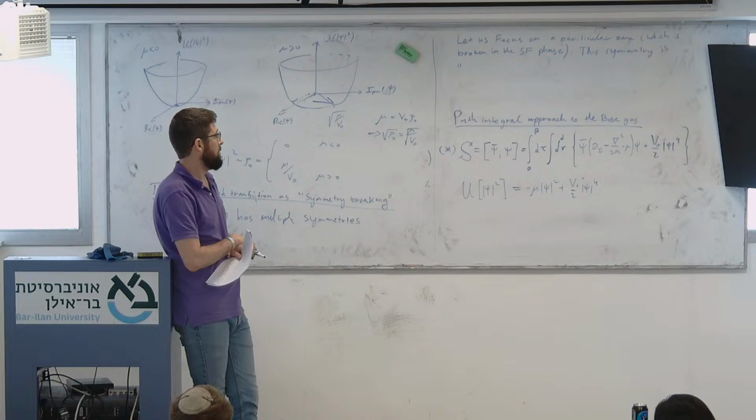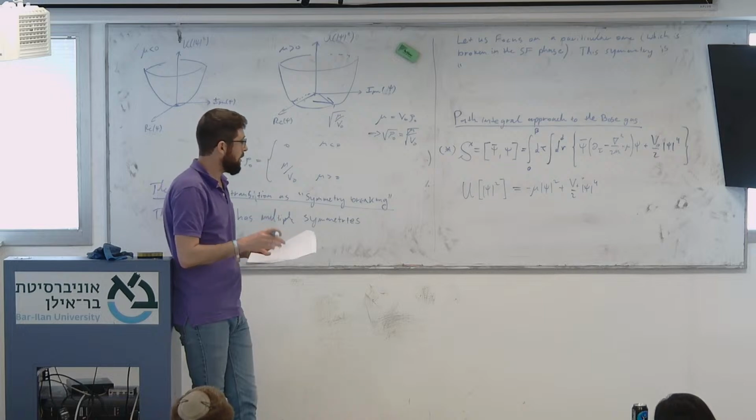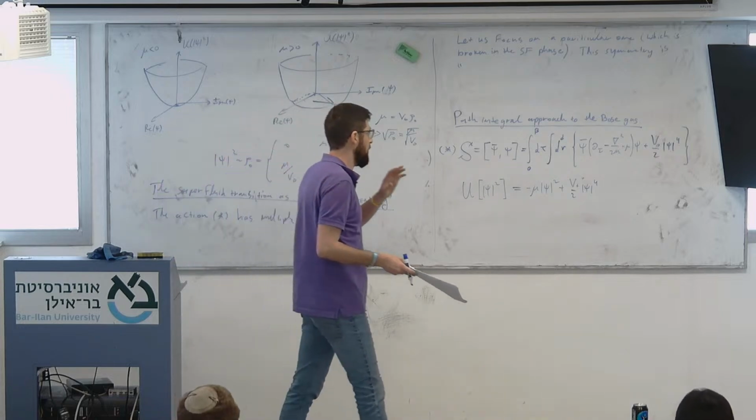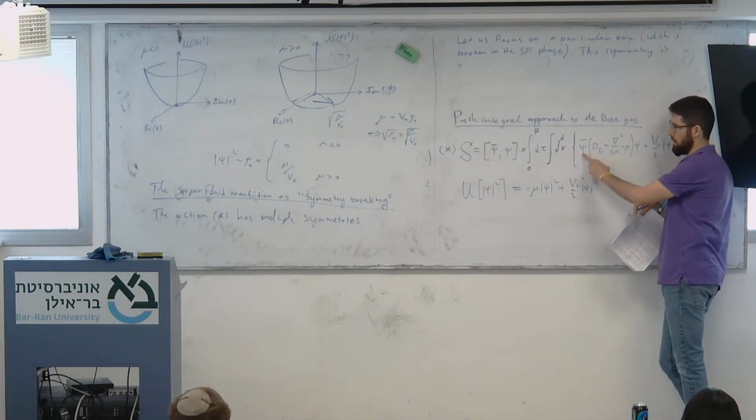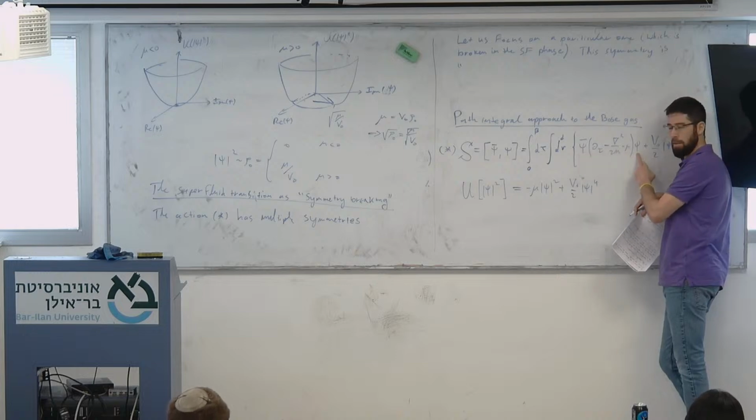So if you say particle hole, what that means in field theoretic description is basically exchanging psi and psi bar.